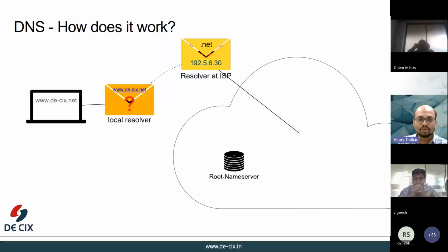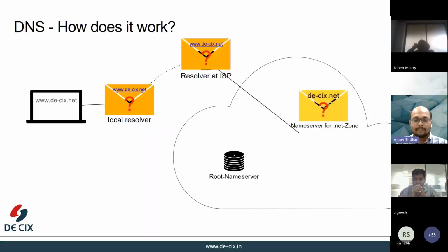The root name server responds with the IP address of the top-level domain name server to the resolver of the ISP. The next step is that the ISP now queries the top-level domain server for dkix.net, which gives the IP address of the name server that handles the dkix.net domain.